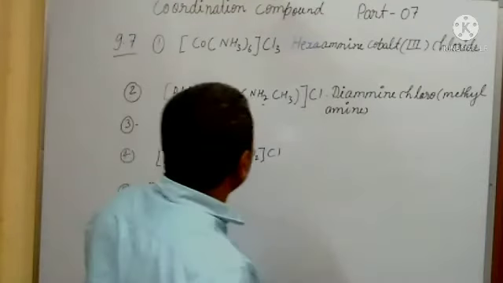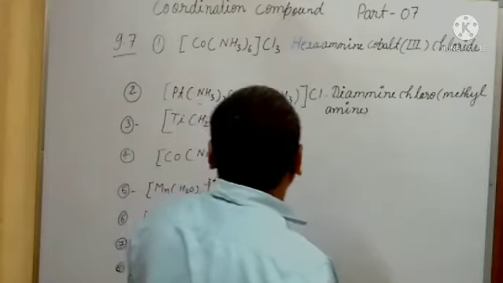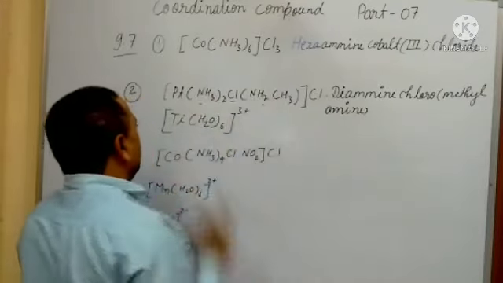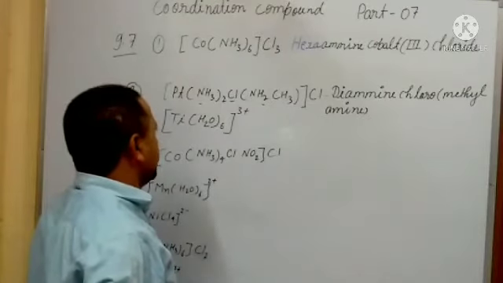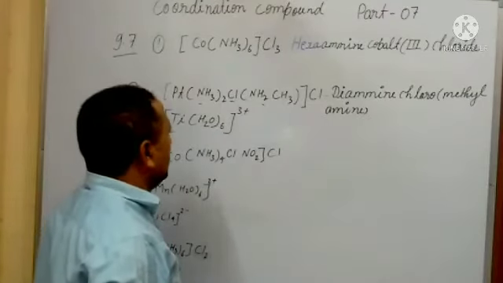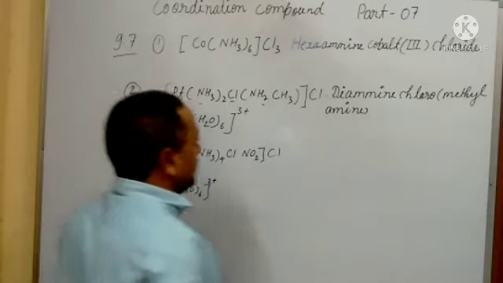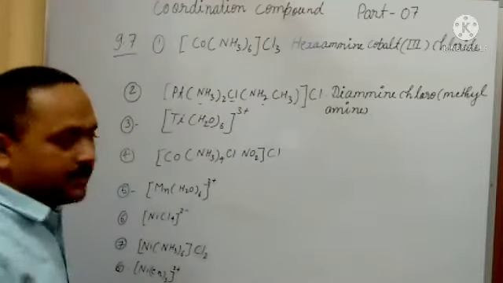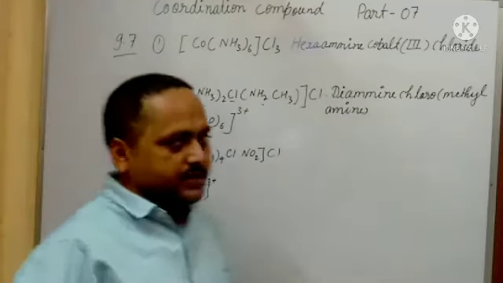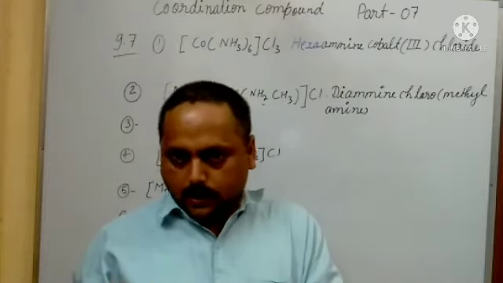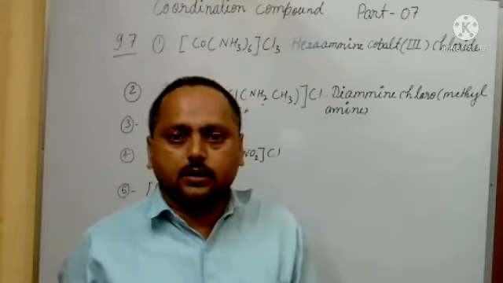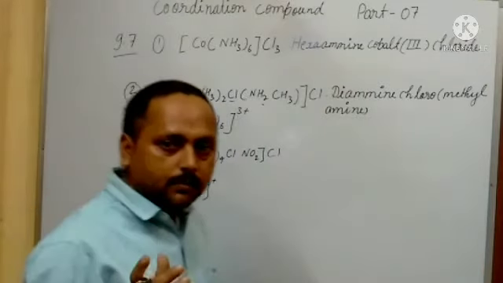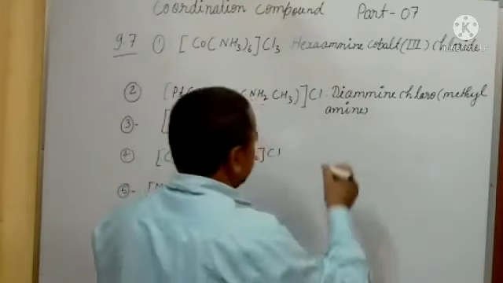Then here we will write the oxidation state. This ligand is neutral, that is also neutral. So the oxidation state of platinum is 2 here. We will write the name of the ligands first, then the central metal atom. So for the central metal atom we write platinum.